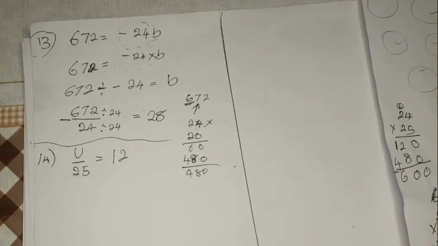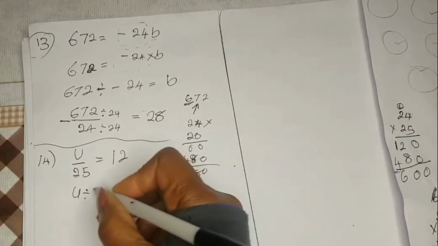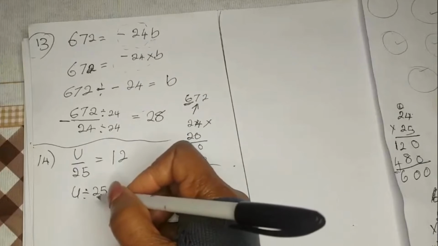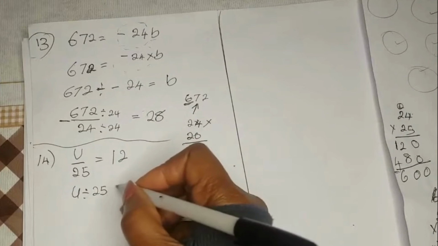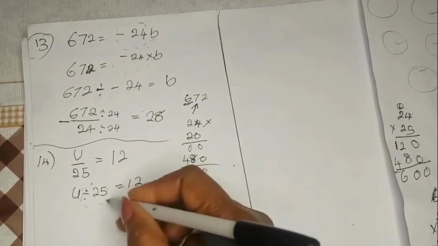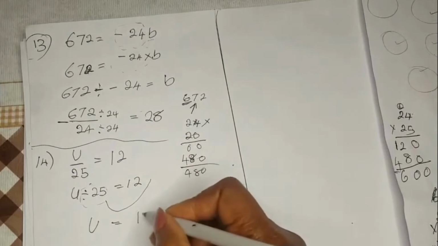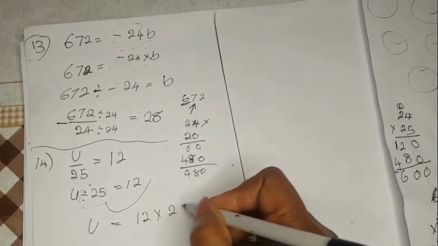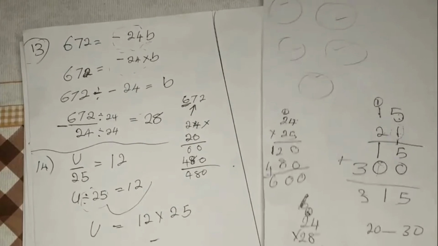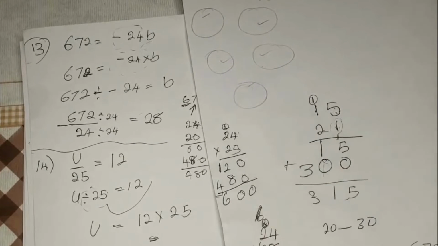We're looking for U. So this means U divided by 25 equals 12. So this is going over. It's going to be U equals 12 times 25. That's it. Remember we have already done 12 times 24, we've already done 25 times.